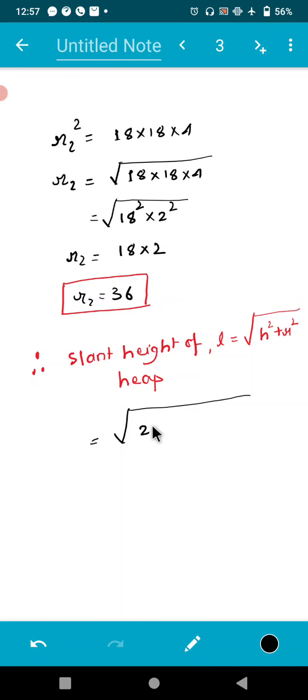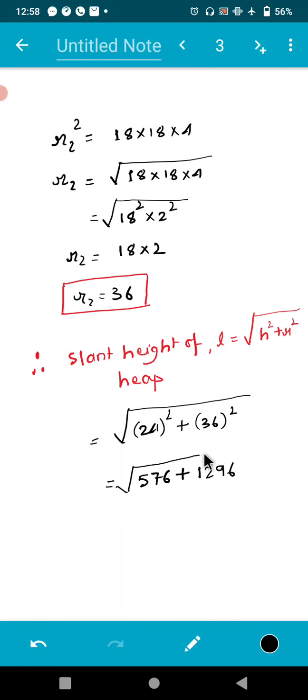We have 24 square, plus what is r, the radius we just found, that is 36 whole square. So 24 square would be 576, isn't it? 24 into 24 is 576, and 36 into 36 is 1296.